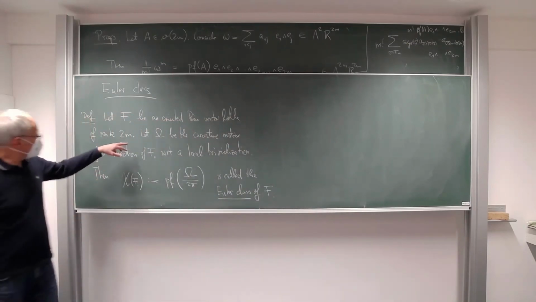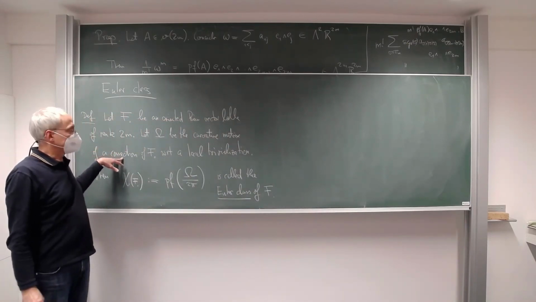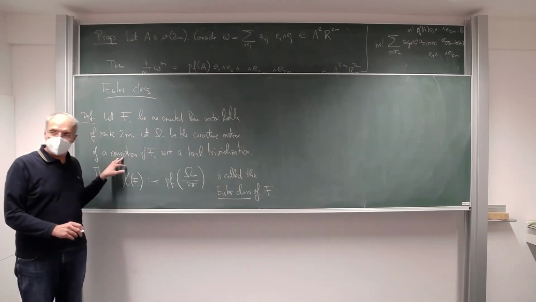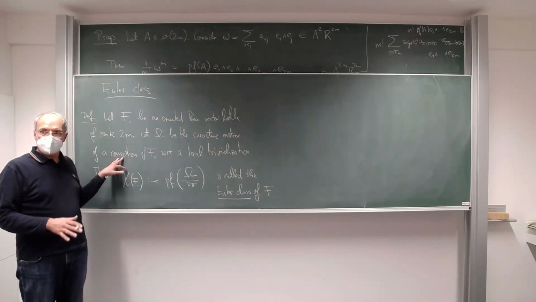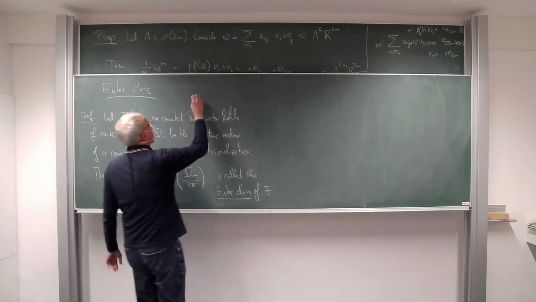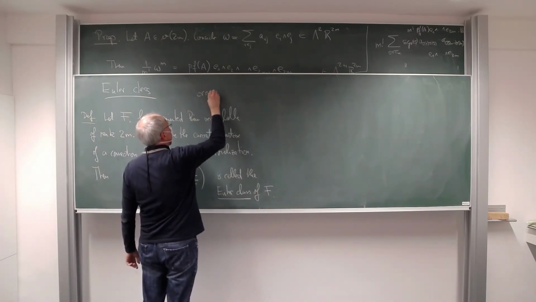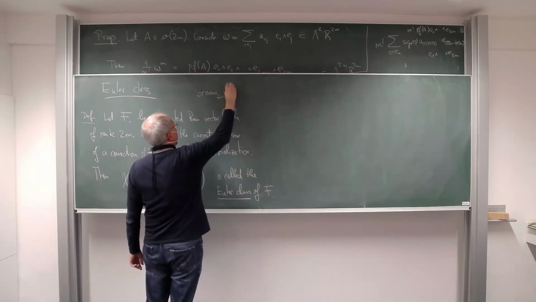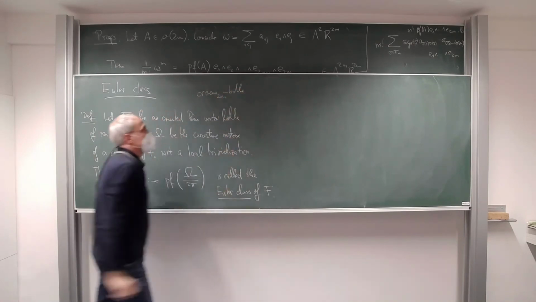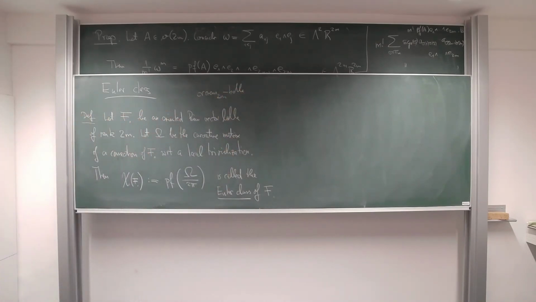Now note, when I say I have a connection on this bundle, then I mean a connection of the bundle as an oriented Riemannian 2n bundle. What does that mean? It means that it preserves the Riemannian metric.